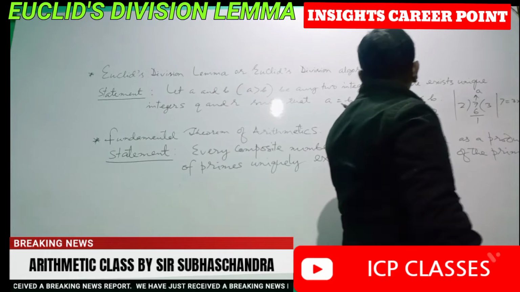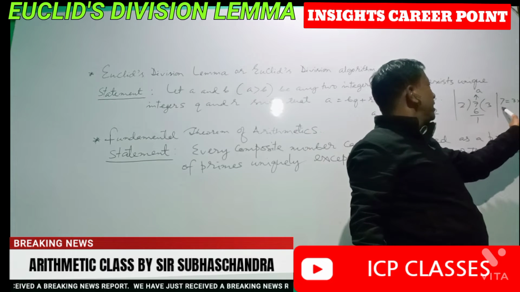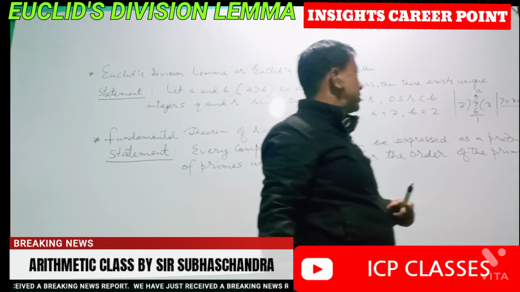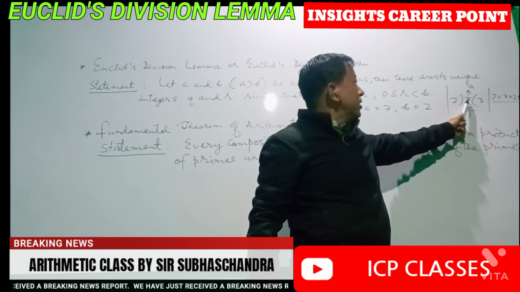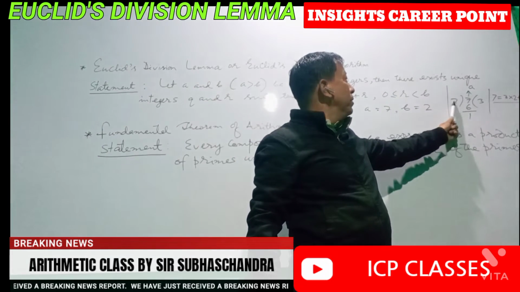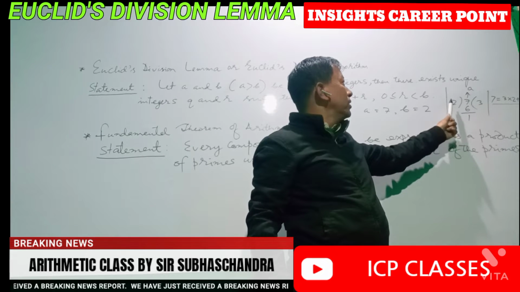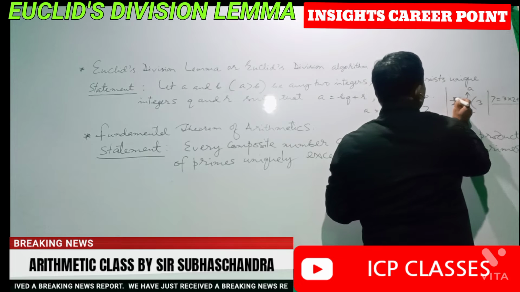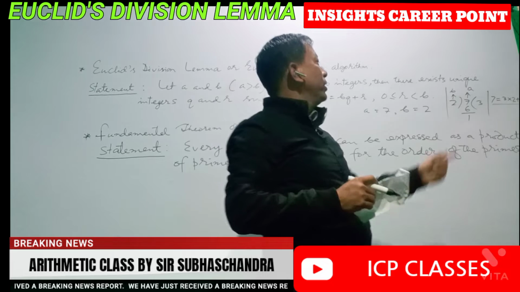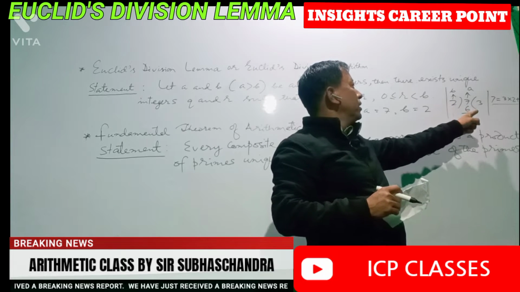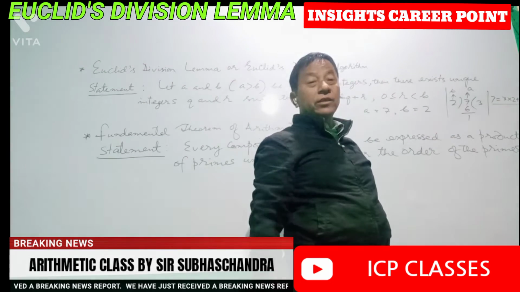So this statement is just in this form, you see. In our division sum, this 7 is the dividend, that is a, and this 2 is b. We are taking b equal to 2, and when we carry out the division, we get 3 as the quotient and 1 as the remainder.